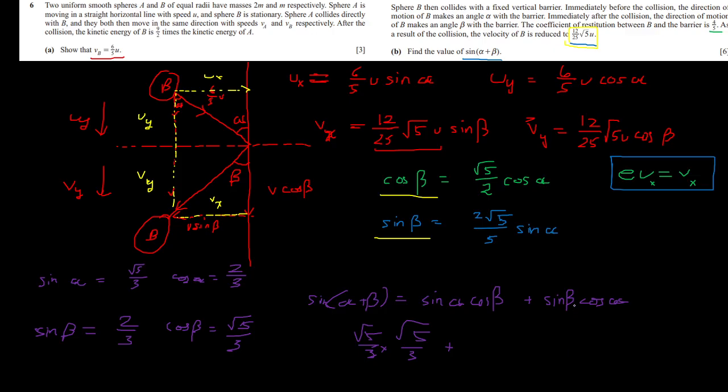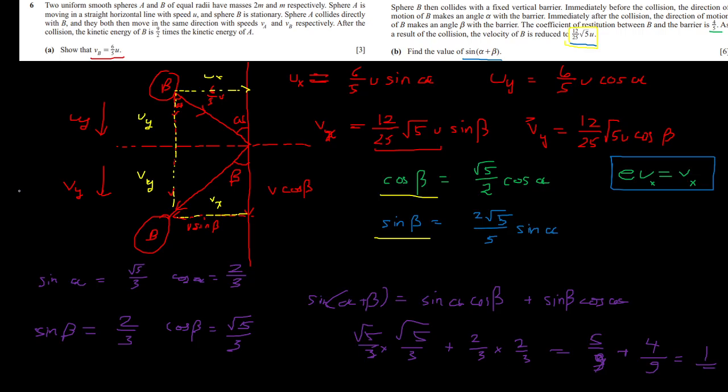We add this with sine beta, which is 2 by 3, times cos alpha, which is also 2 by 3. So this gives us 5 by 9, my bad, and this gives us 4 by 9. And so sine alpha plus beta equals to a beautiful 1.